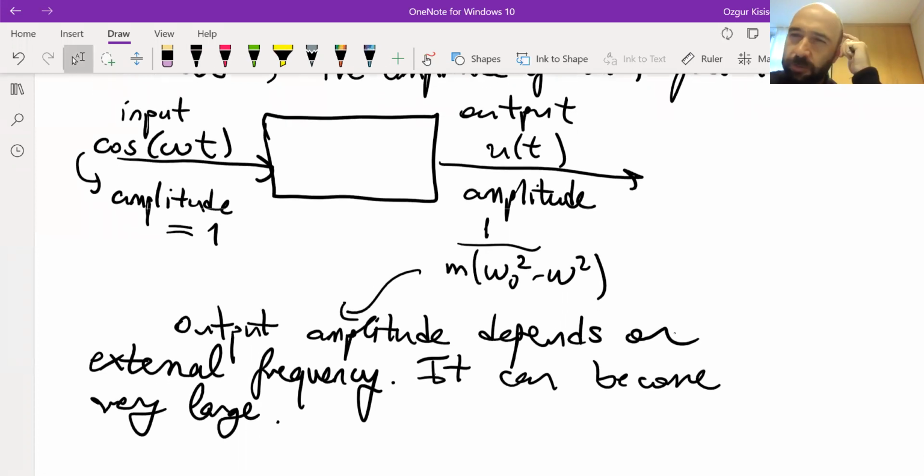Right, so this tells you something qualitative also. It could be the following thing. Suppose you have a building or some construction, and you are shaking it by an earthquake or some external force. Now, it says that some frequencies are more important than the others, right?